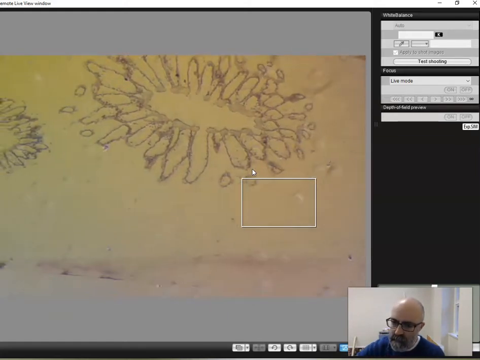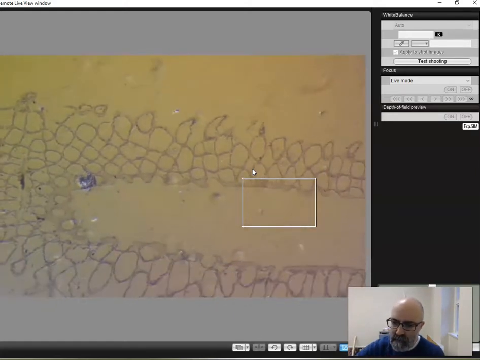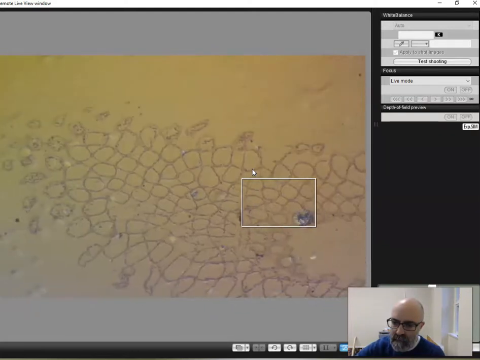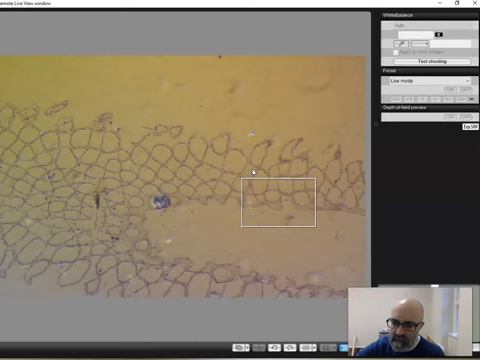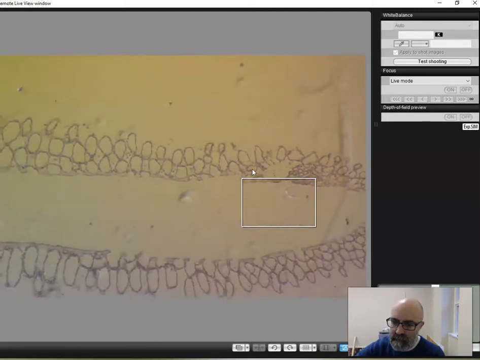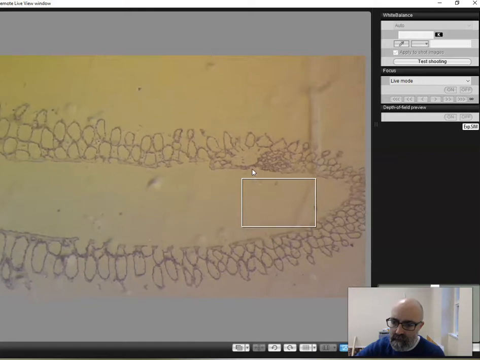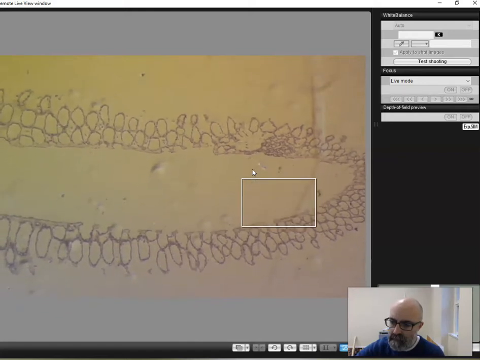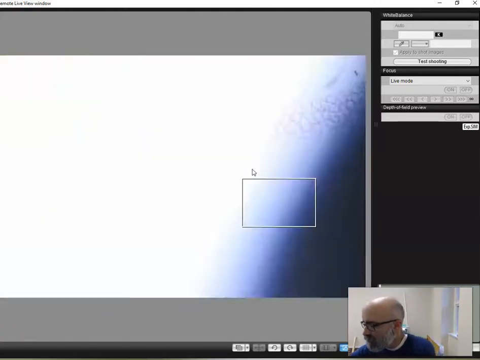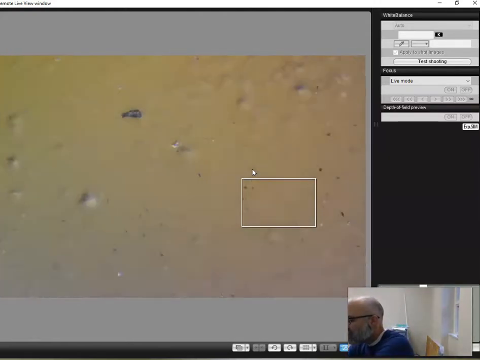Or if we're looking at this in a long section, likely this would be the bottom attachment.